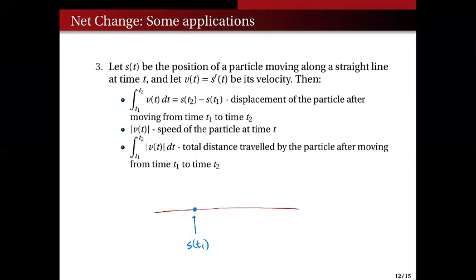So how is this calculated? Your particle started from this point here. Say the particle moved in this direction and then went back. Assume that this is on the straight line, but I'll just leave it here so we can see the difference.